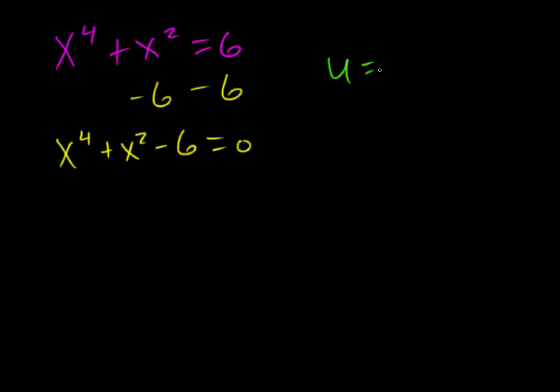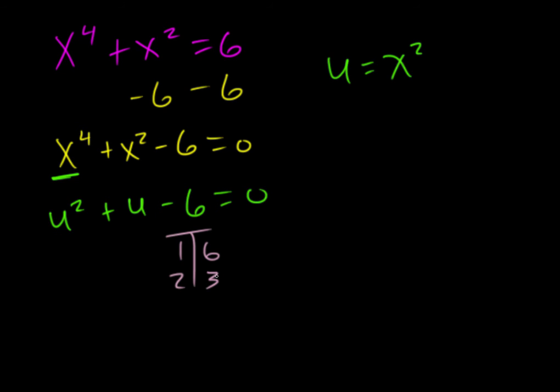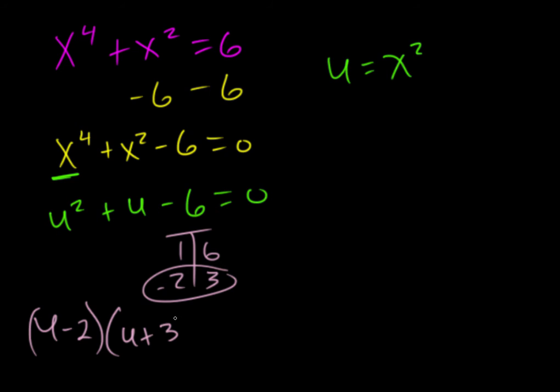If we say that u is equal to x squared, then this would be u squared, this would be u, and that would just be -6. We factor that. And we can do 3 minus 2. So u minus 2, u plus 3 equals 0.